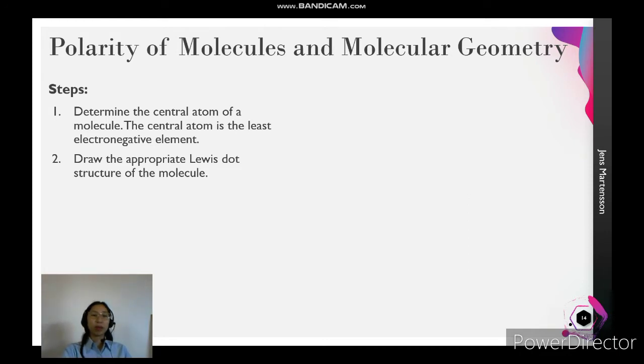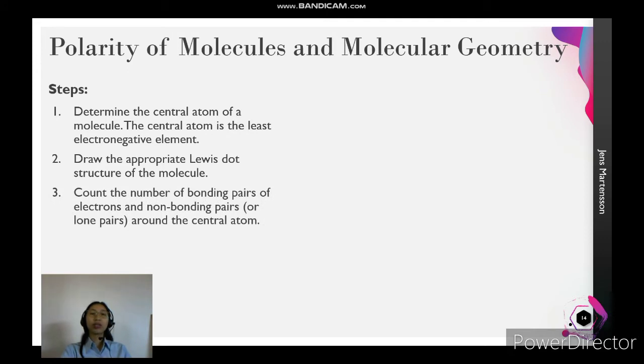So next to step 2, which is drawing the Lewis dot, is counting the number of bonding pairs of electrons and non-bonding pairs or lone pairs around the central atom. So remember, tan-awon nato pag human na nato og drawing sa imong Lewis dot, we're going to look at the central atom and count kung pila ka buok nga electrons ang nakabond.